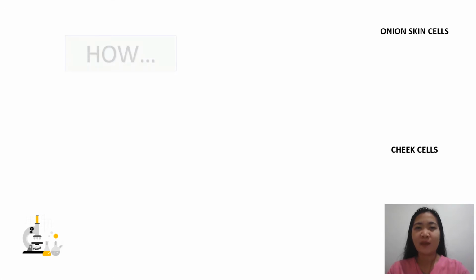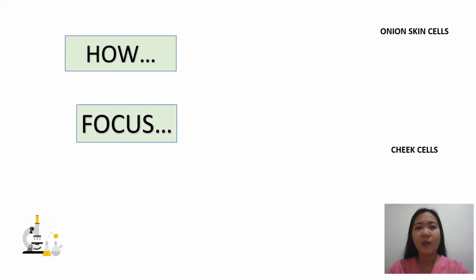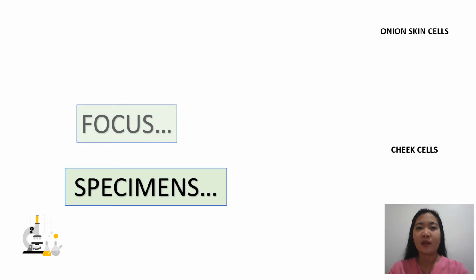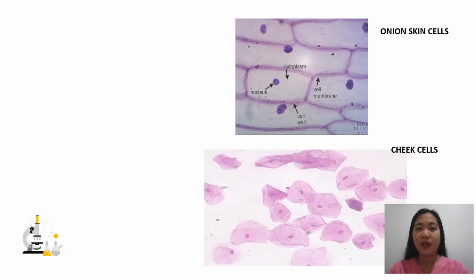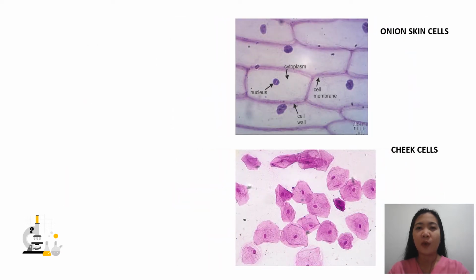The microscope is very important in studying minute organisms or specimens. But how do we focus specimens using a compound microscope? You can see here our examples of focus specimens like the onion skin cell and the cheek cells. To view a specimen clearly, you must learn how to properly operate a microscope.